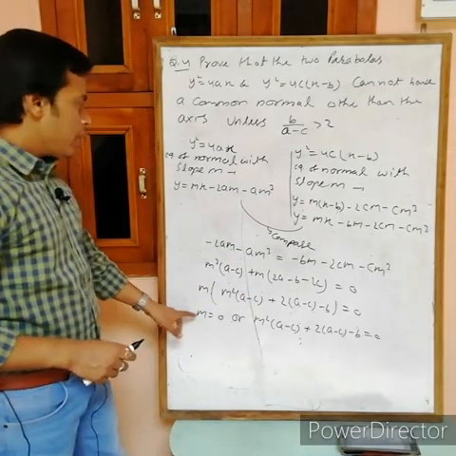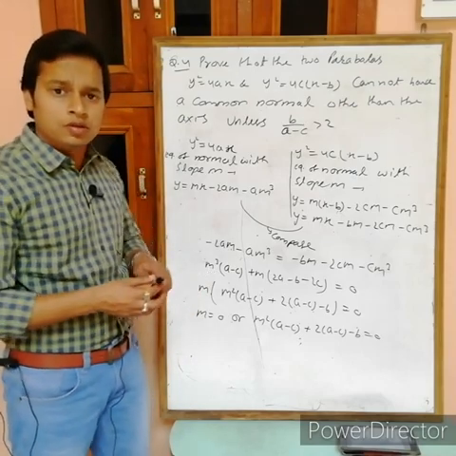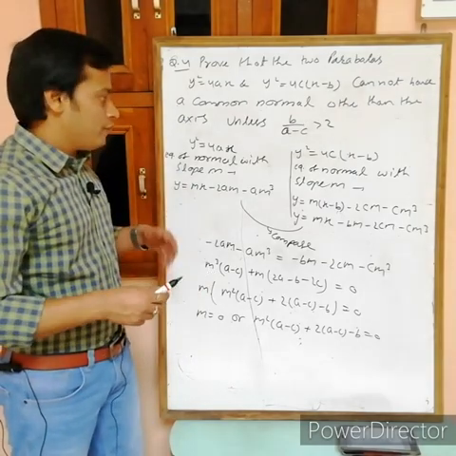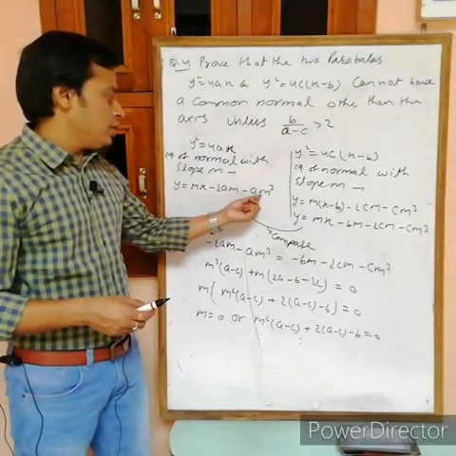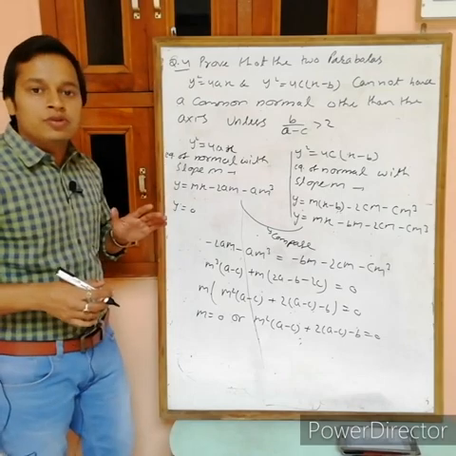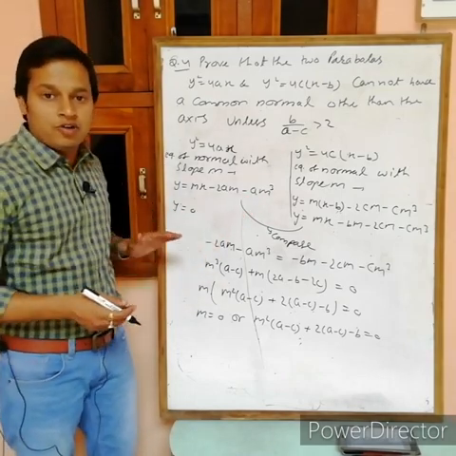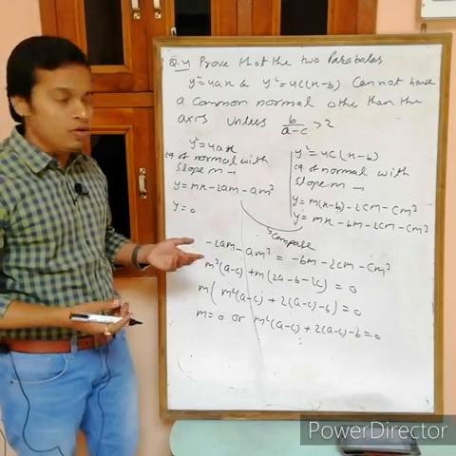So m equals 0. If you put m equals 0 in any equation, what will you get? y equals 0. y equals 0 is the equation of the axis.